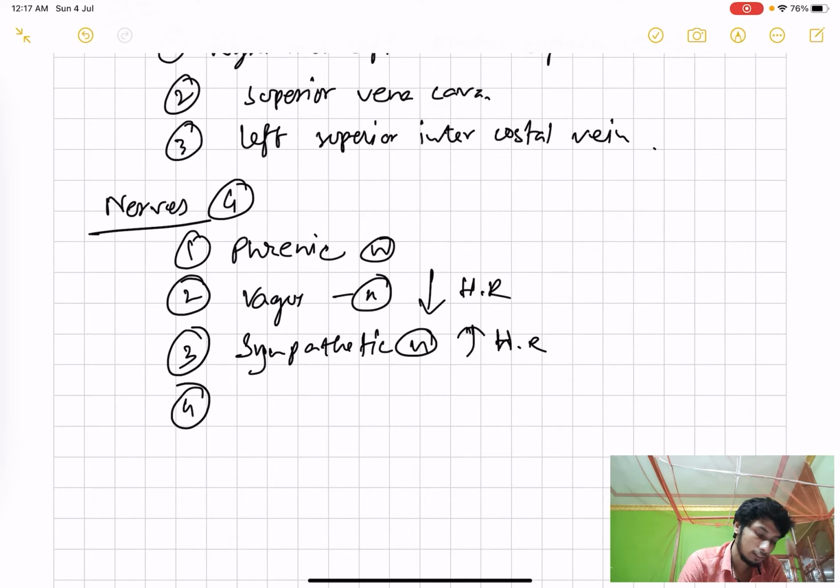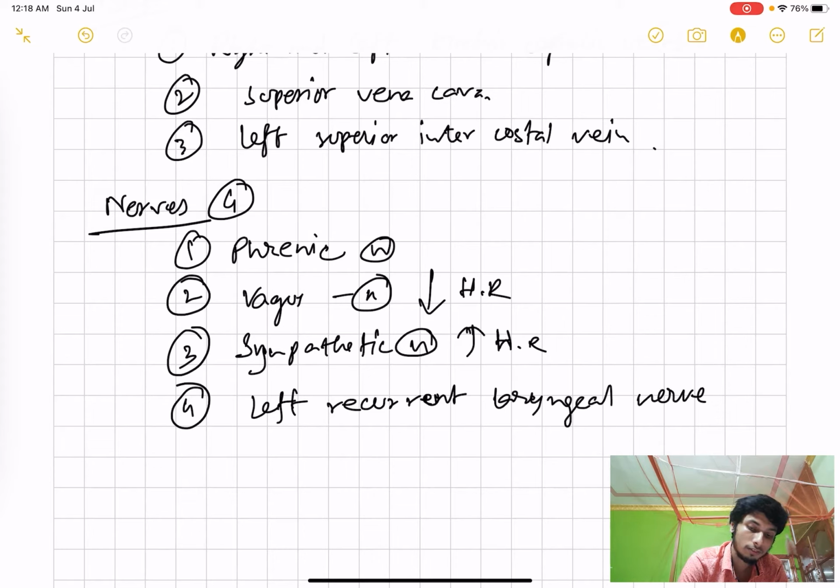And left recurrent laryngeal nerve for the larynx.